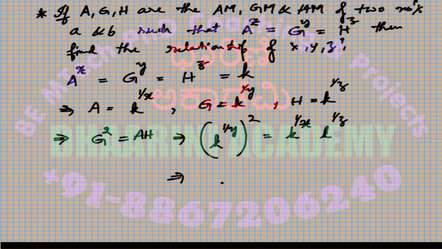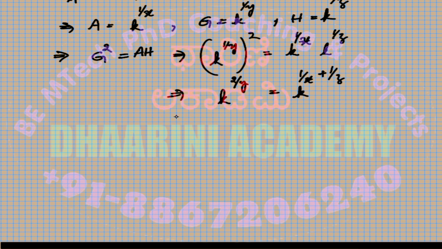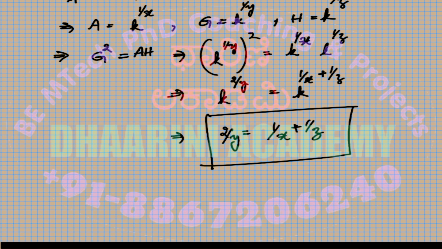This implies k to the power 2 by y is equal to k to the power 1 by x plus 1 by z. Since k is common on both sides, I can actually remove that, right? I can simply write 2 by y is equal to 1 by x plus 1 by z, which is the required relationship between x, y, and z, right?